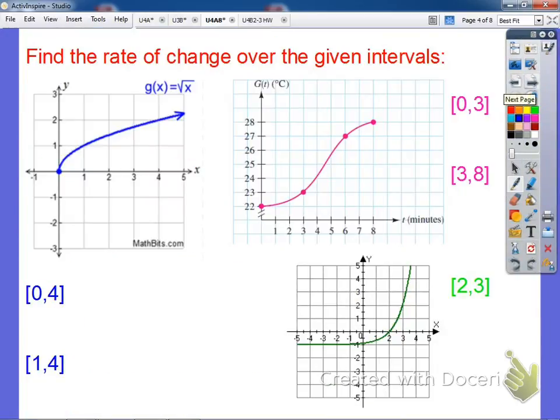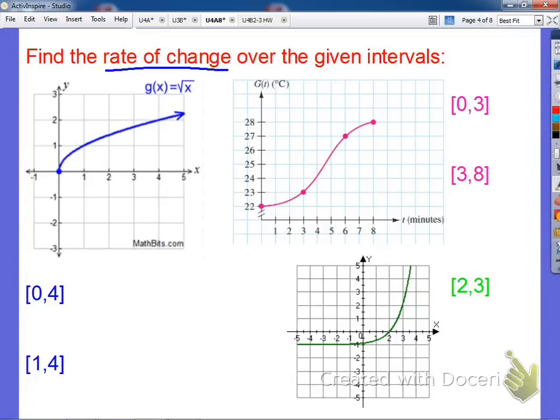So now in this lesson, I want to actually just practice this a little bit. Let's look here at this first problem. It says, find the average rate of change over the given intervals. And here, it gives us the intervals for this function g of x right here.